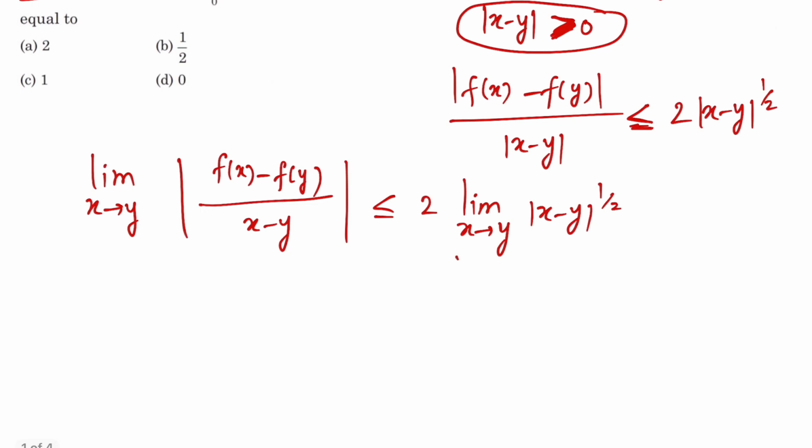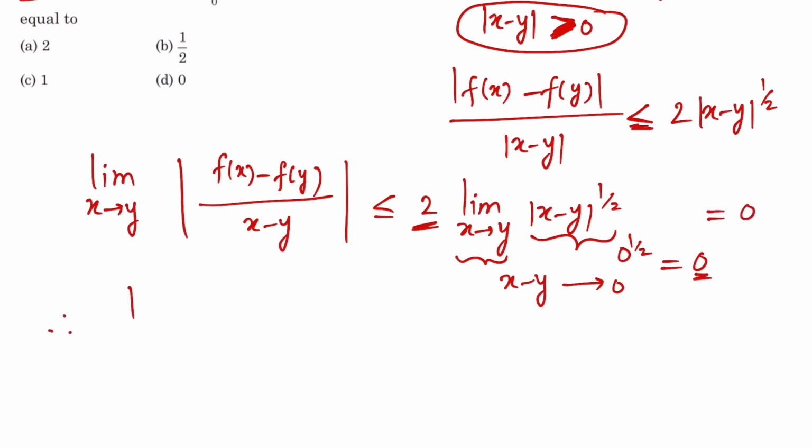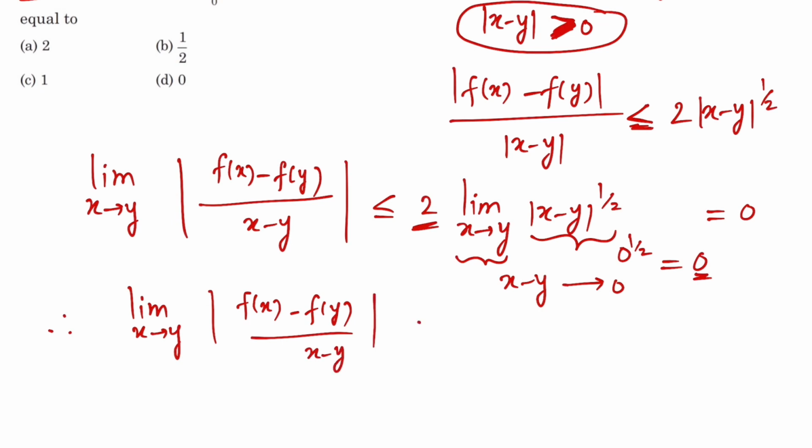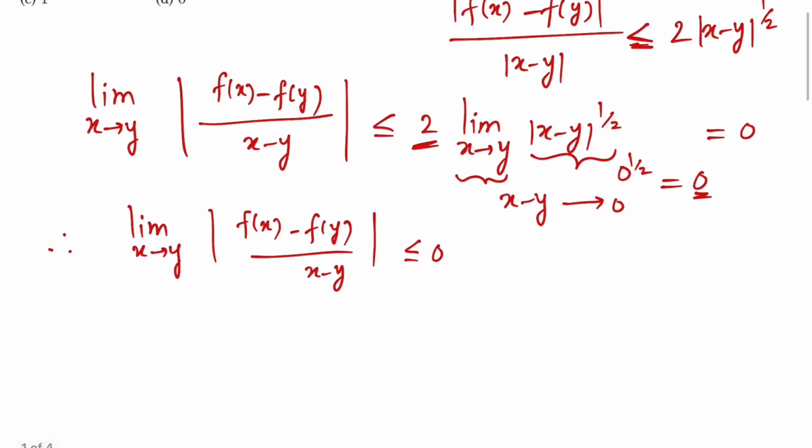Now as x tends to y, we know that x minus y tends to 0, so this tends to 0 raised to half, that is equal to 0. So k times 0 is just equal to 0, and therefore we have limit as x tends to y of mod of f of x minus f of y divided by x minus y is less than or equal to 0, right?